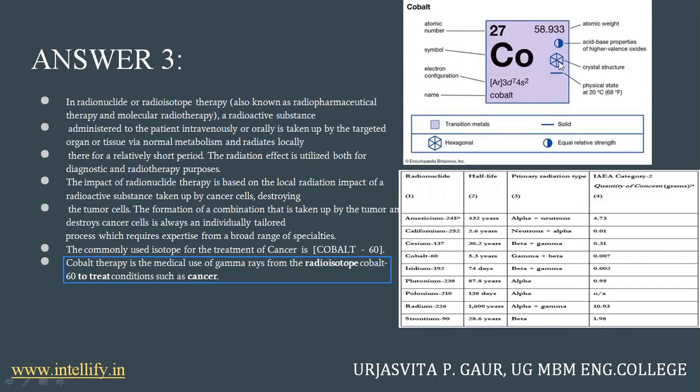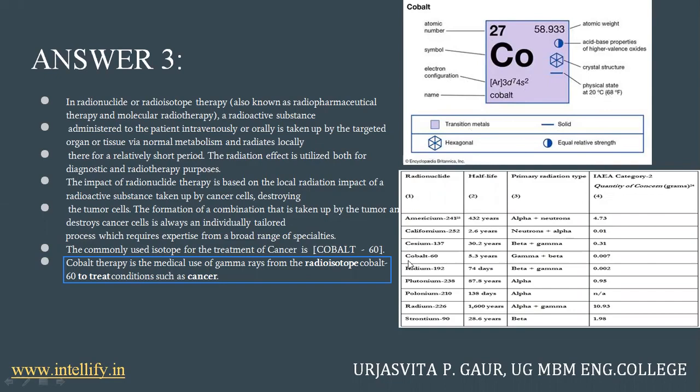This is the basic element cobalt, which has an atomic weight of 58.933 grams. It has a crystalline hexagonal structure. It has an electronic configuration of argon with 3d7 and 4s2, and it is solid at 20 degrees Celsius.